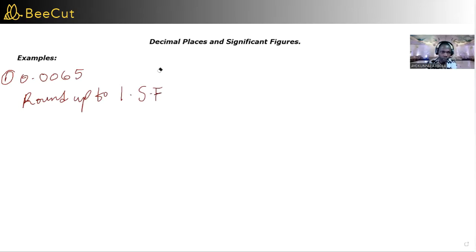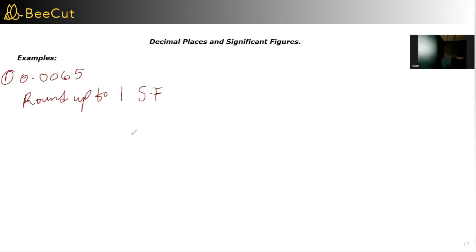One significant figure there. So, how do I round up 0.0065 to one significant figure?